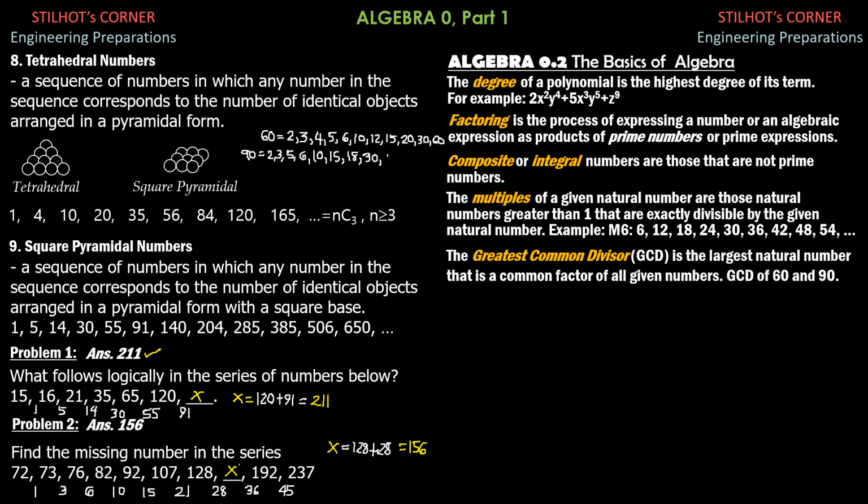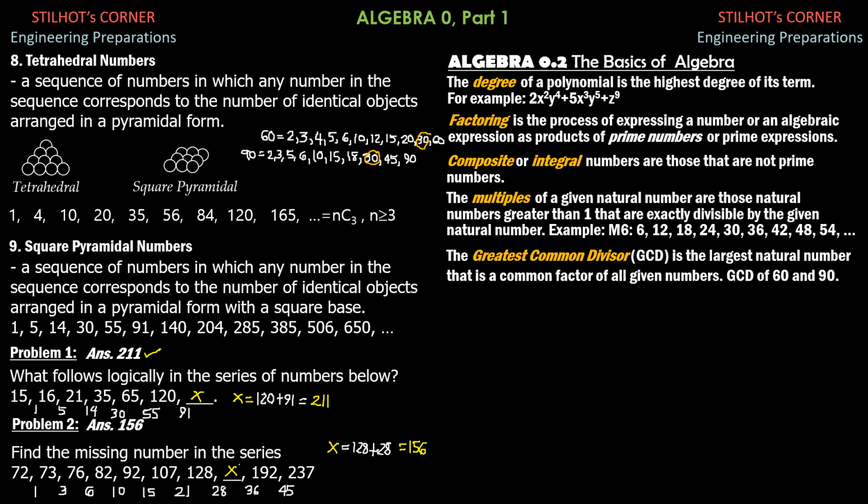Then 45 and 90. So that's why the greatest common divisor, if you notice, is 30. So the answer is 30.